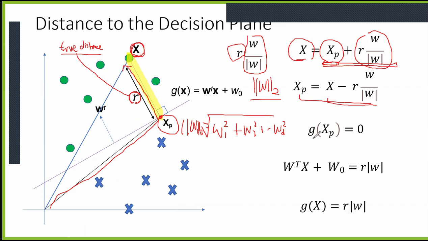And we know that all points on the decision boundary, the level set equal to 0, we can plug xp, this term, into the discriminant function, which is this term.